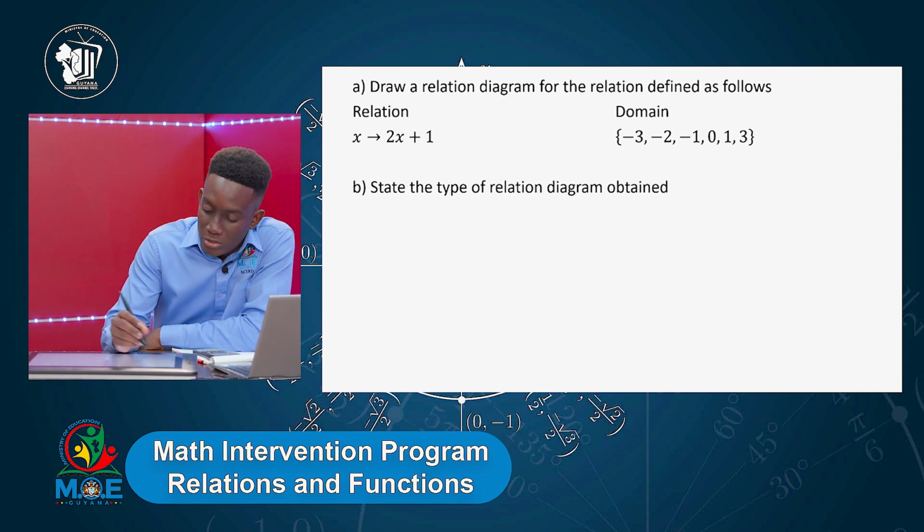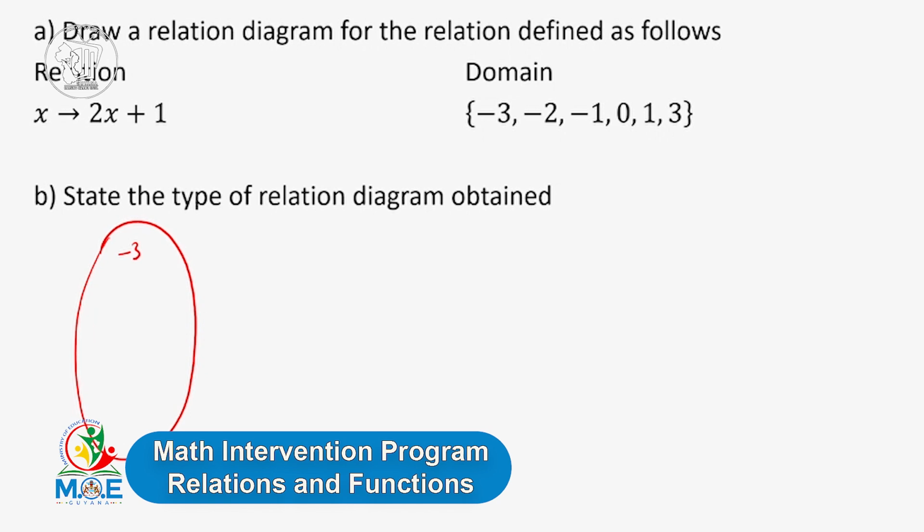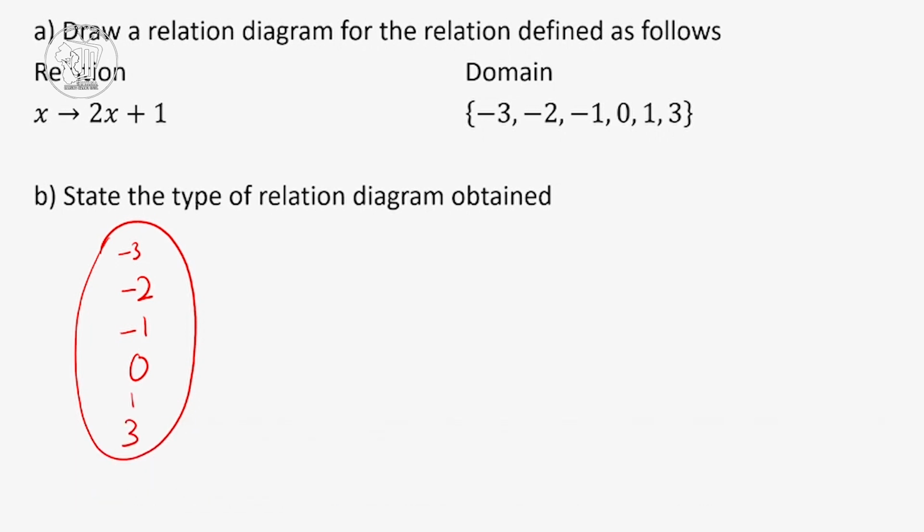So let's go. Let's draw the domain. So the domain would be -3, -2, -1, 0, 1, 3. I can call this X. And this will be mapped onto, we have the rule, X, 2x plus 1. So let's call this Y.